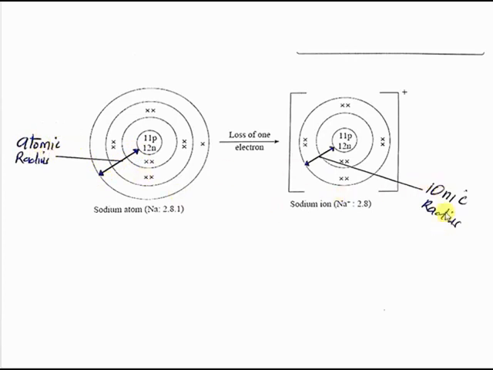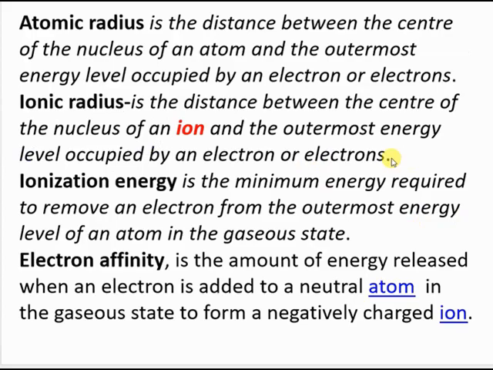What about the ionic radius? After the atom has lost an electron, or after the atom has gained an electron, the distance between the nucleus and the outermost energy level of the ion is what is called the ionic radius. Ionization energy is the minimum energy required to remove an electron from the outermost energy level of an atom in gaseous state.